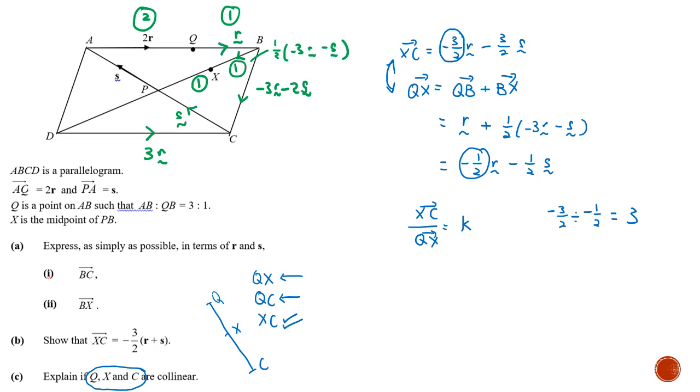And comparing the coefficient of vector S here, we will have negative 3 over 2 divided by negative half as well, which will give us 3. Therefore, vector XC over vector QX is equal to 3, and vector XC equals 3 multiplied by vector QX.